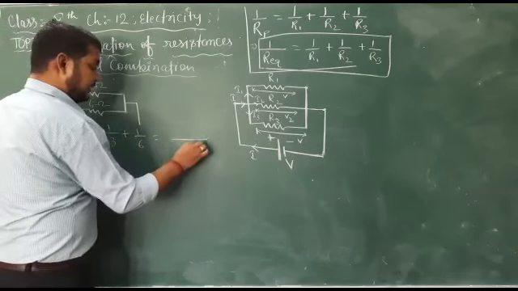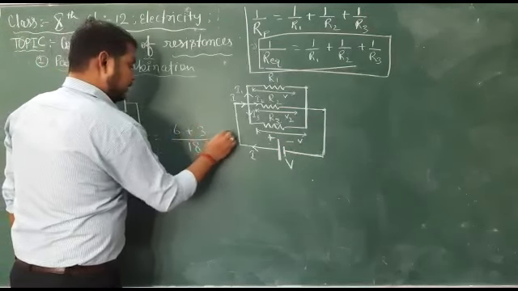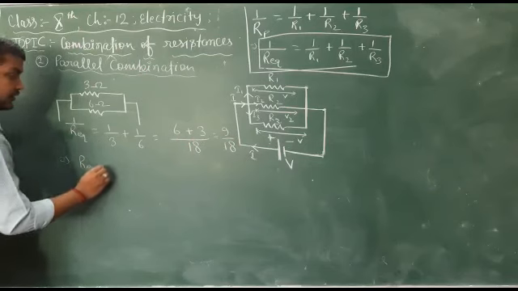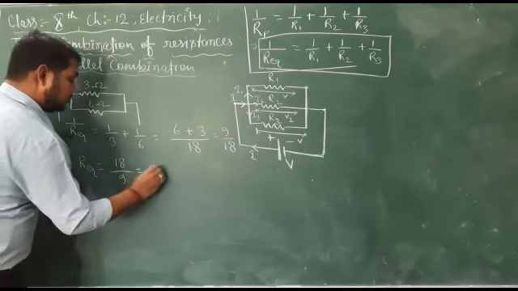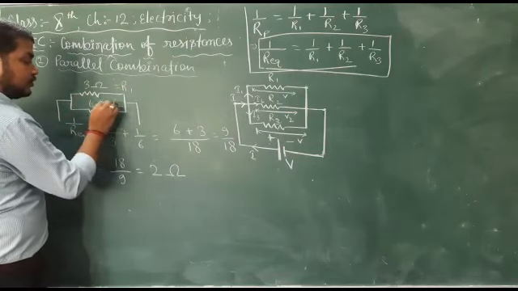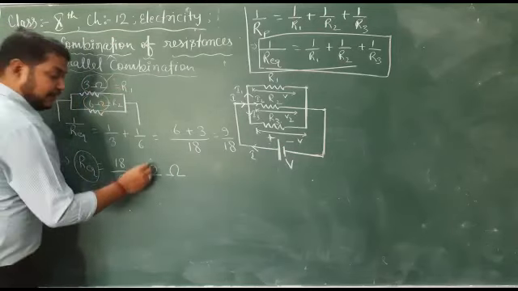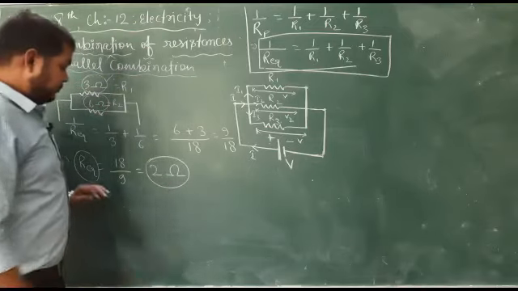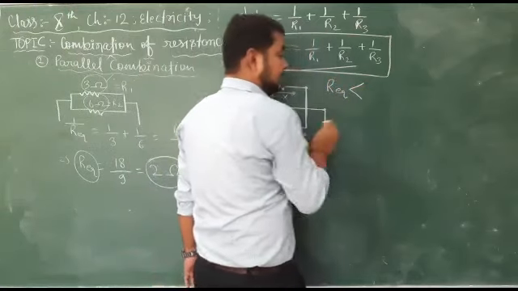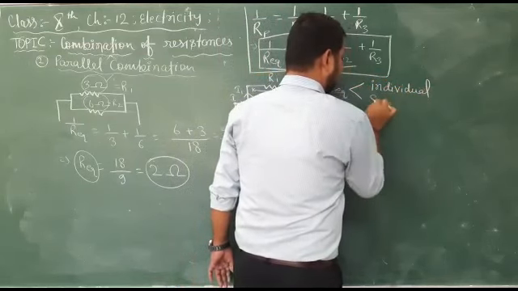So it will be 9 upon 18. If we take the reciprocal, R equivalent is equal to 18 upon 9, which is equal to 2 ohm. Now R1 is 3 ohm and R2 is 6 ohm. The individual smallest value is 3 ohm and the equivalent resistance is 2 ohm. So in parallel combination we reach the conclusion that R equivalent is less than the individual smallest value.